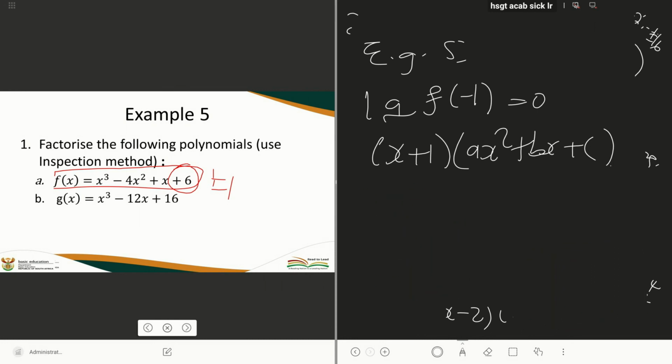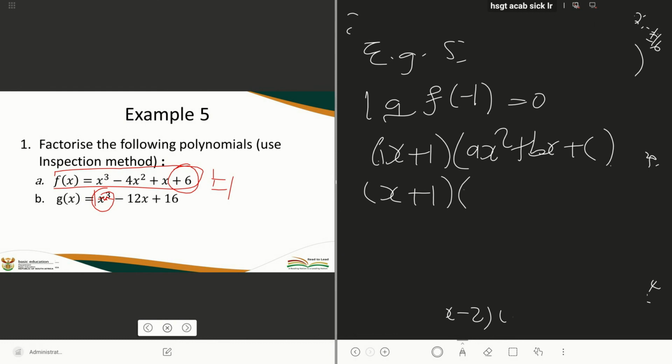Now, let's look at this. You need to determine the coefficients of a and c by inspection. So now remember, when you multiply this x multiplied by ax squared, it will give you this term here, x cubed. So now you can know the coefficient of this x here is 1. So 1 multiplied by any number should give you this coefficient of x cubed. So 1 multiplied by 1, it will be positive 1 here.